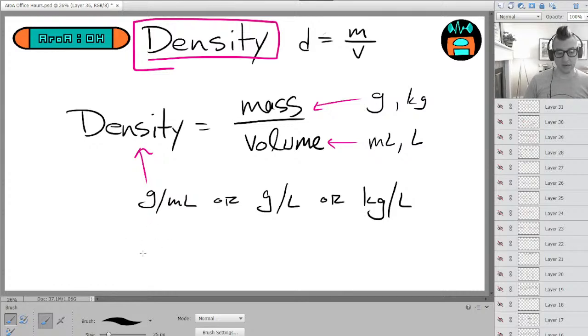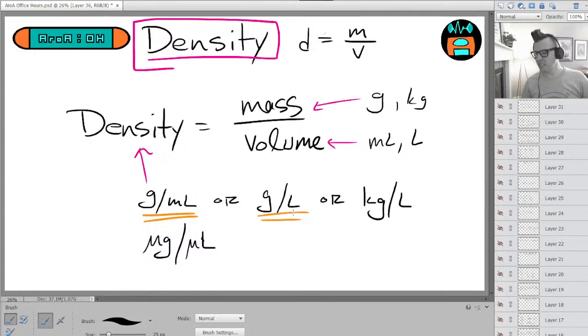You could see micrograms per microliter. Any mass unit can be in the numerator and any volume unit can be in the denominator. It's just all over the place. But the most common ones you're going to run into are grams per milliliter and grams per liter. Sometimes you'll see kilograms per liter, but mass over volume is a density.